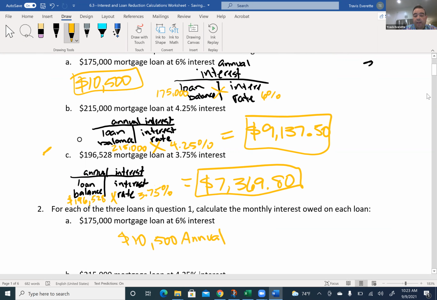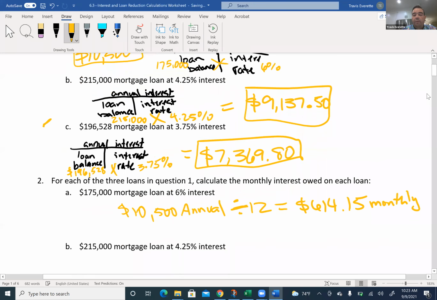And they want to know monthly. So there are 12 months in the year, which means I need to divide that out by 12. That equals $614.15 monthly.